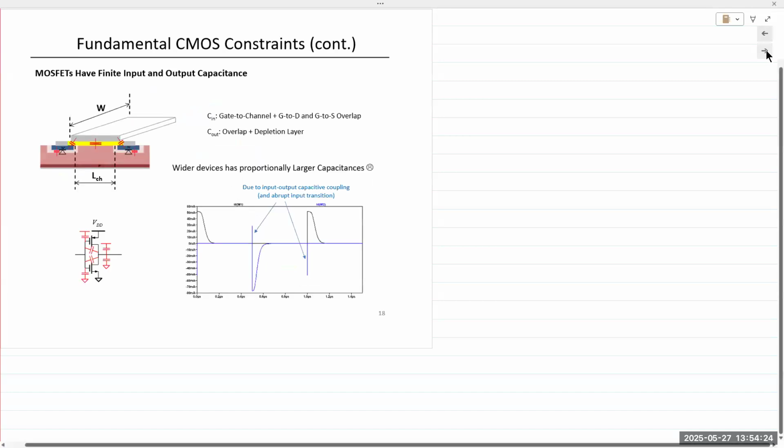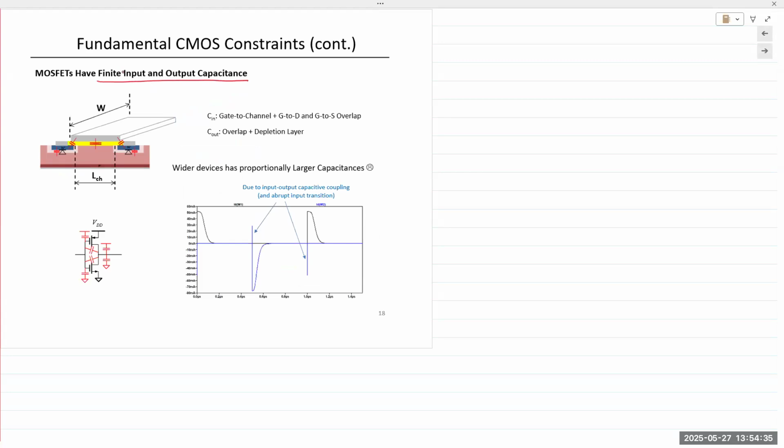All right, let's see. We address this. There's finite input and output capacitance. There are capacitances all over the place. Okay, so the inherent nature of semiconductor fabrication is that you have overlapping conductors going from one point to another. So in an integrated circuit, we have these capacitances that are unwanted across billions of transistors.